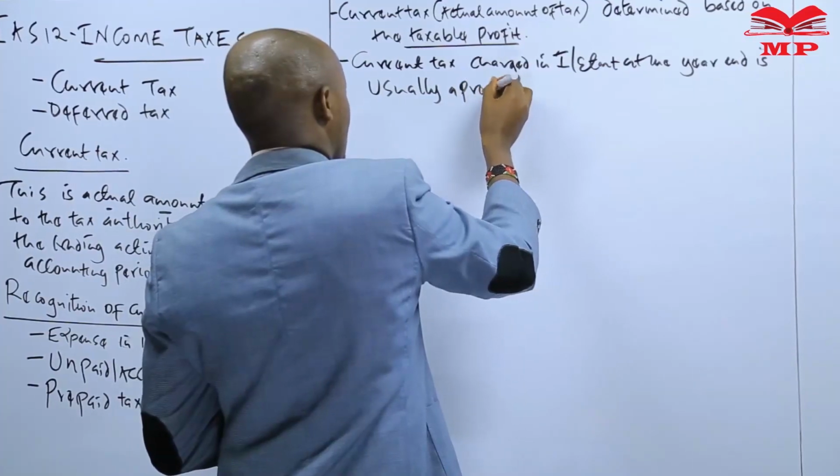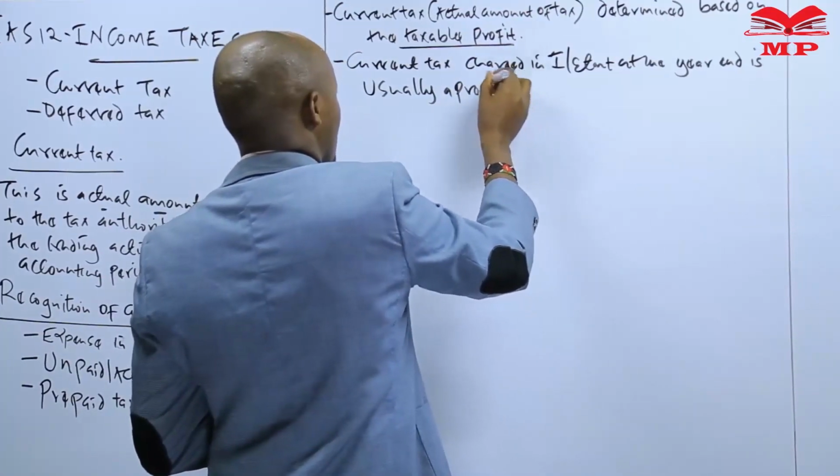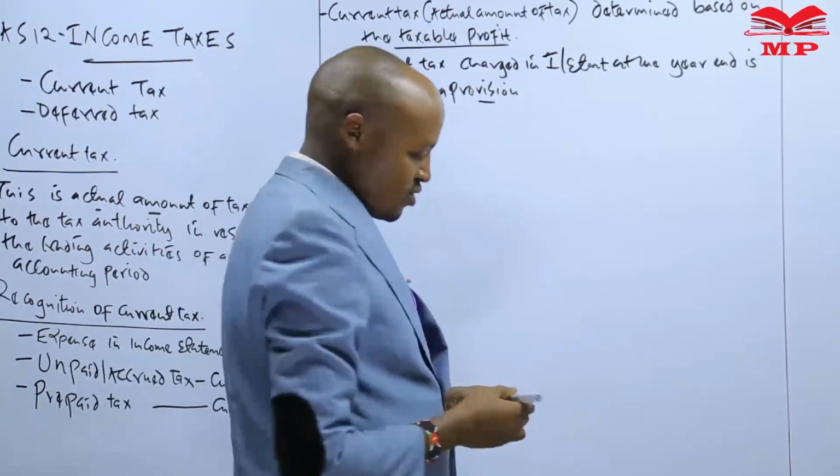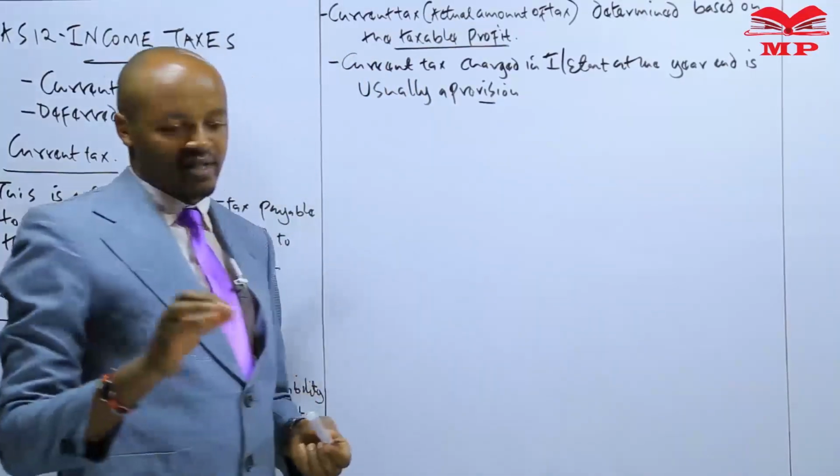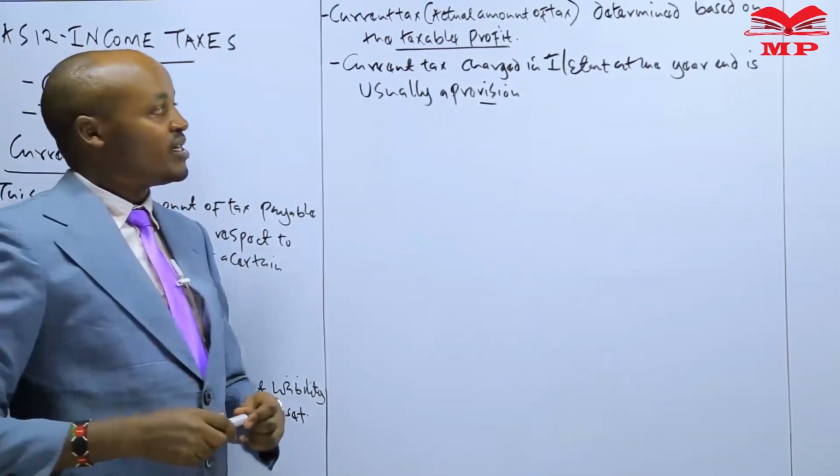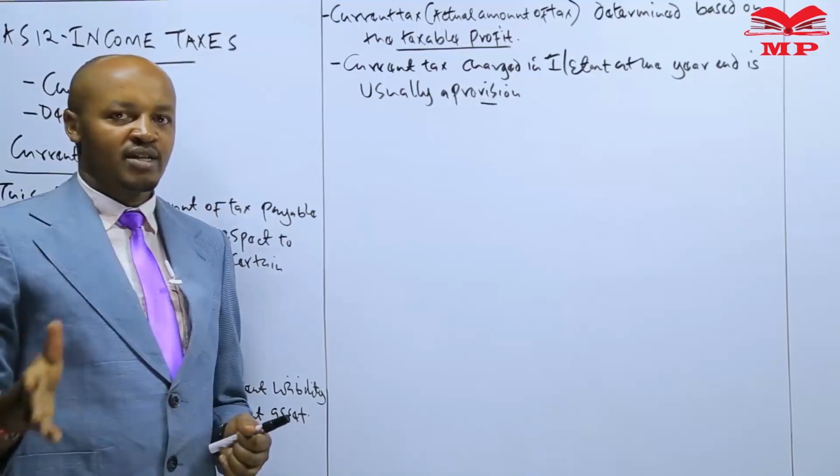The reason why we say that particular amount is a provision is because the amount of tax which is supposed to be paid will always be based on taxable profit.